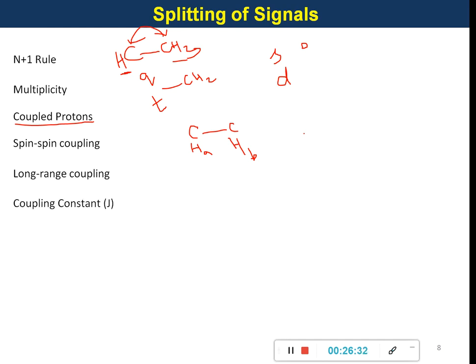Coupling constant. This is the distance between two adjacent peaks of a split signal. A signal is split into two peaks. The distance between these two adjacent peaks is denoted by the letter J. That is called the coupling constant.